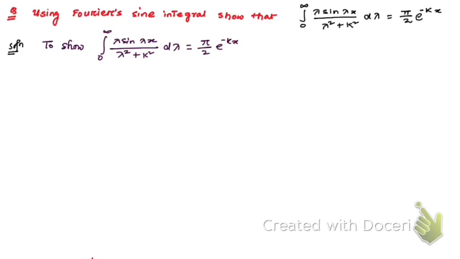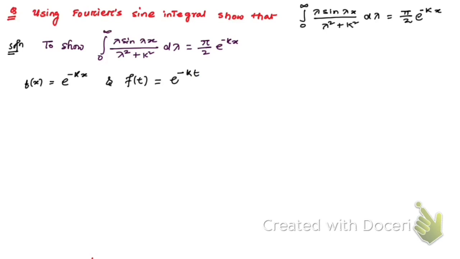In this case, this term e to the power minus kx should be taken as a function of x, f of x, and hence we will consider f of t. So replace x by t, then e to the power minus kt, right?